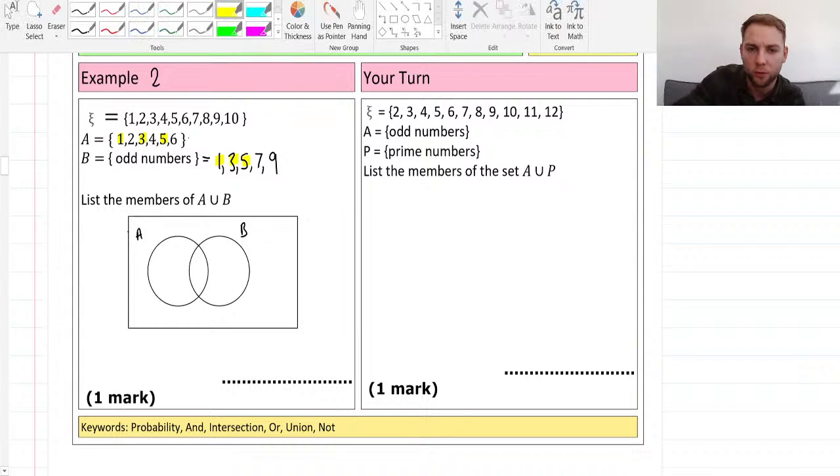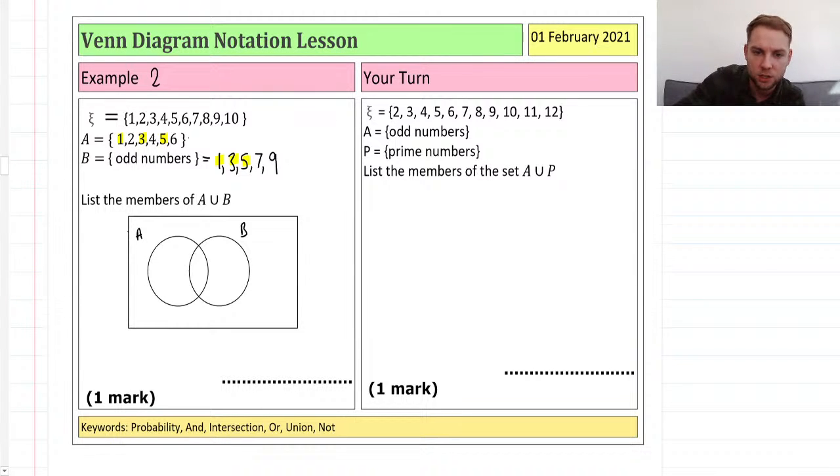So the ones that go in the middle would be 1, 3, and 5. So let's cross these out, because I've already put these in my diagram. So 1, 3, and 5 are now on my diagram.